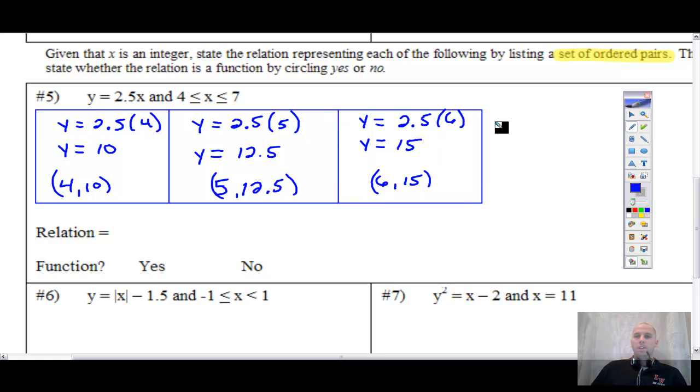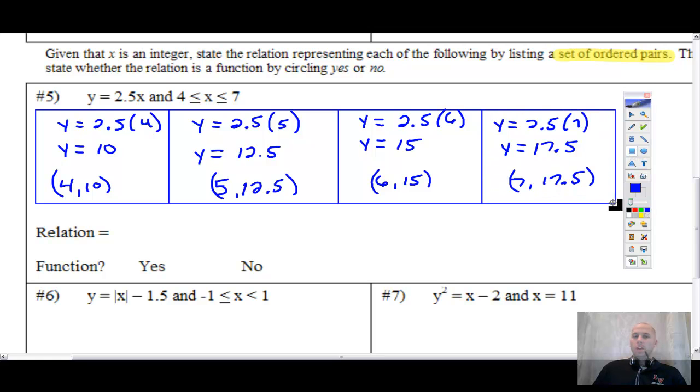Finally, if I put 7 in, two times 7 is 14. Half times 7 is 3.5. That would be 17.5. So I have my 4 ordered pairs.